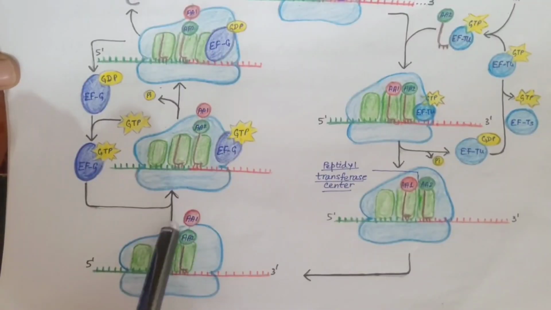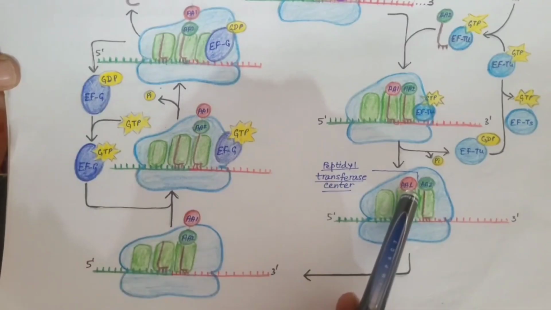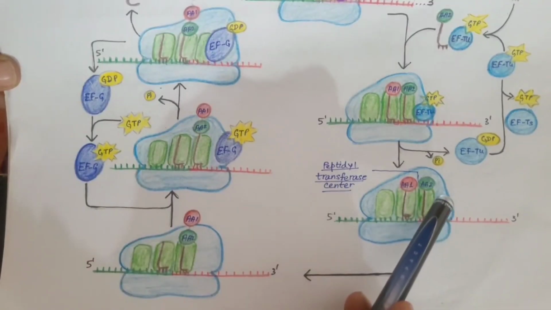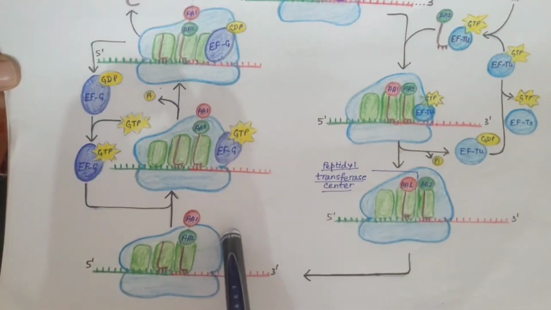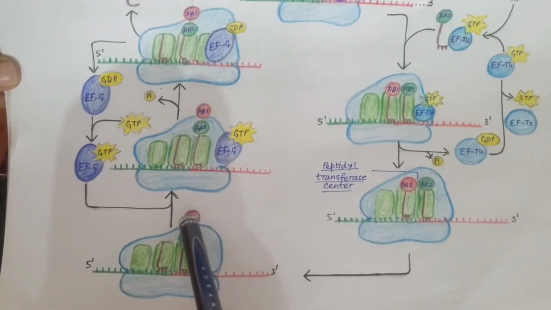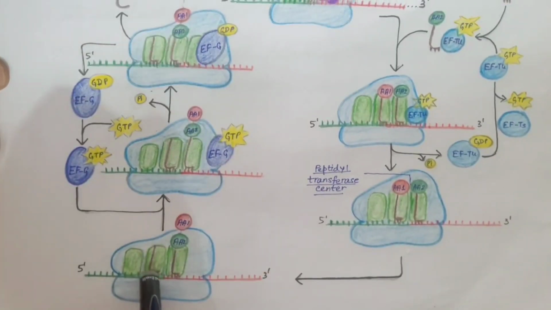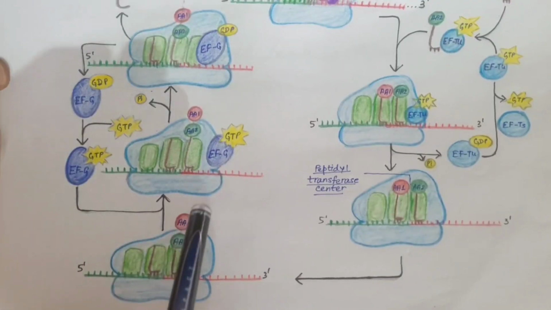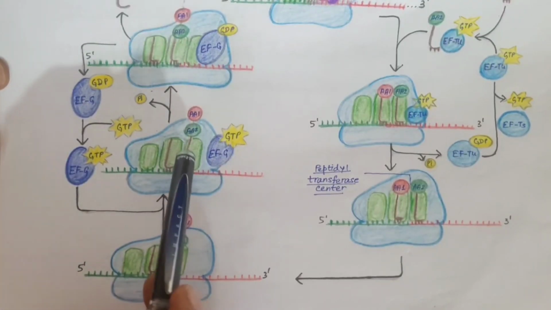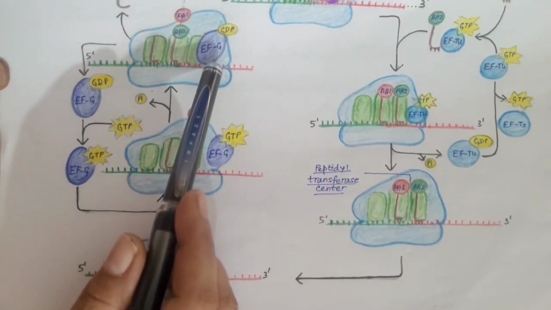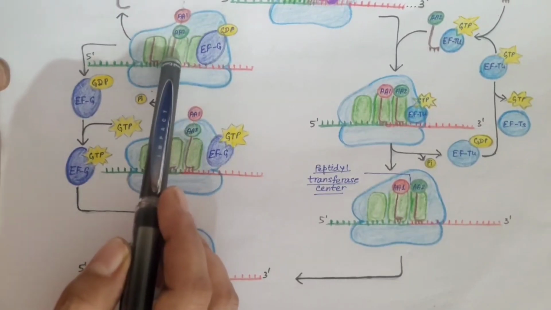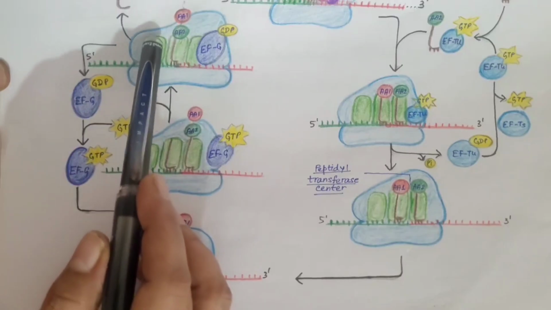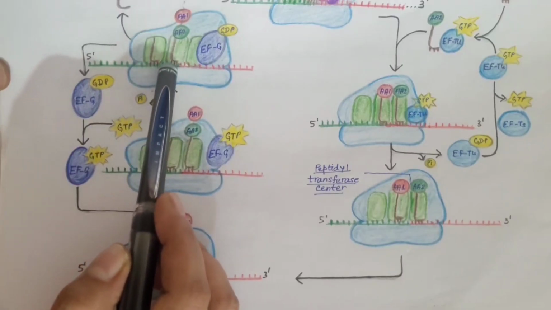After that, N-formyl methionine is transferred to the A site. Hence, peptidyl transfer RNA is formed at the A site and the uncharged transfer RNA is left at the P site. After that, peptidyl transfer RNA is translocated from A site to P site and uncharged transfer RNA is translocated to the E site.